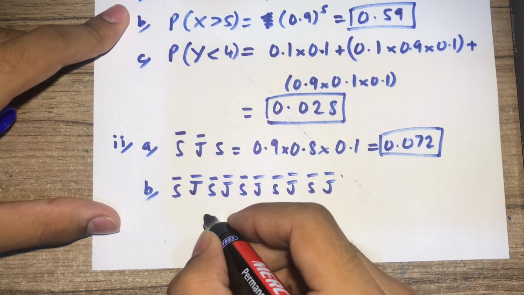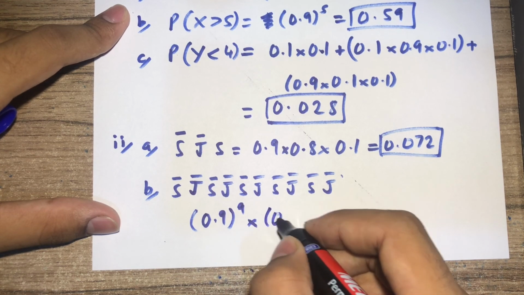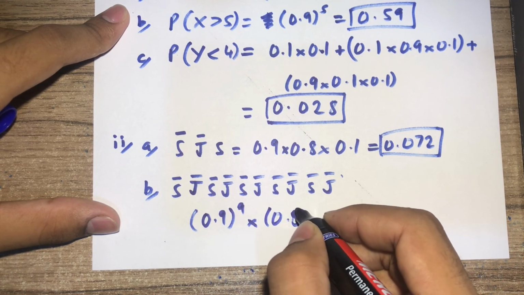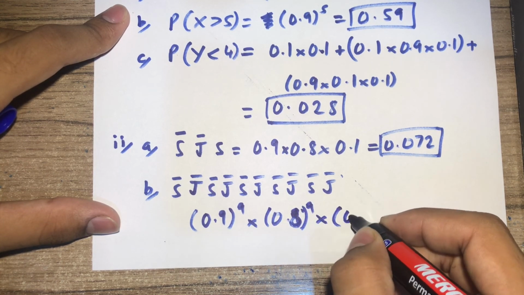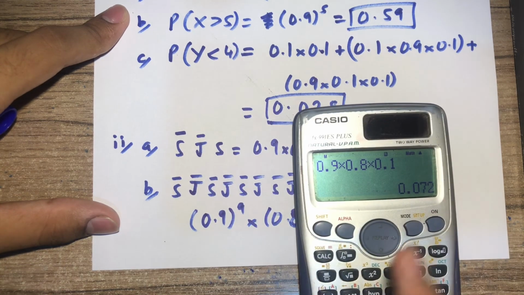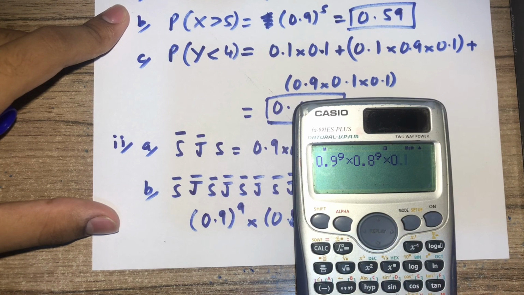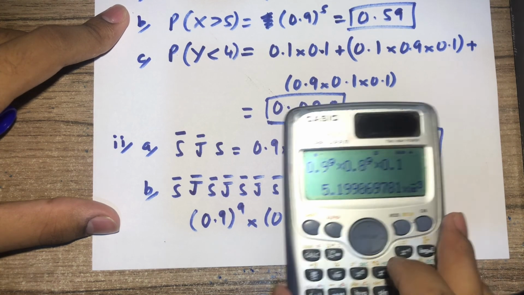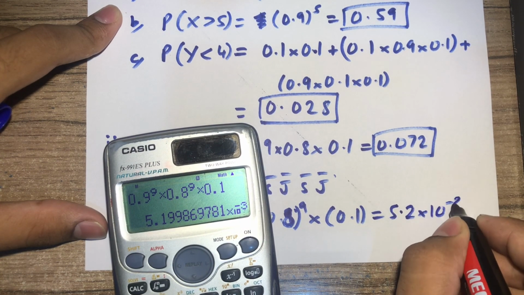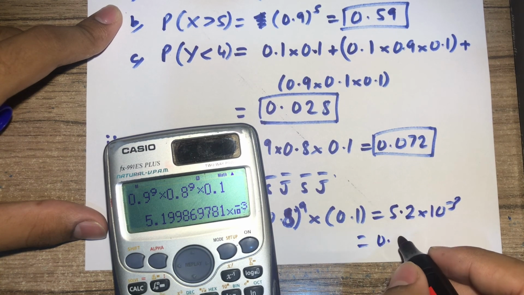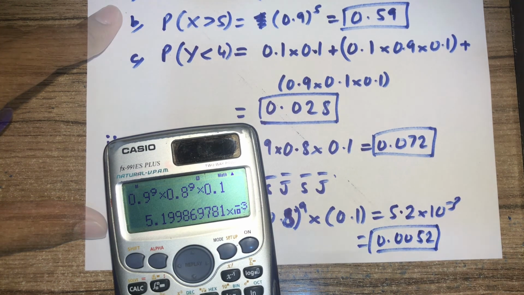So Sandra has to fail 9 times, so 0.9 power 9. Jill has to fail 9 times, so 0.8 power 9, and then Sandra has to succeed in her 10th attempt. So it's coming equal to 5.2 times 10 power negative 3, that is equal to 0.0052.